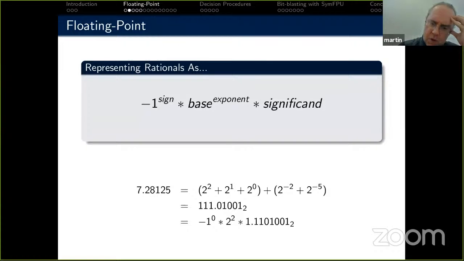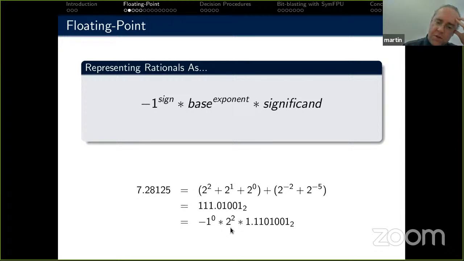So this works, right? But there's a little bit of a problem, which is that as you get near 0, so you've got 2 to the minus some number, and as you're counting down here, the difference between 1, 0, 0, 0, 0, 0, 0, 1 and 1, 0, 0, 0, 0, 0, 0, 0.